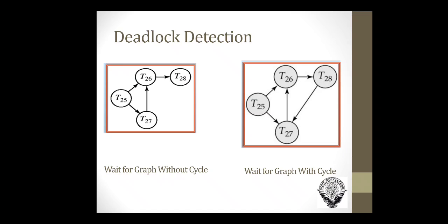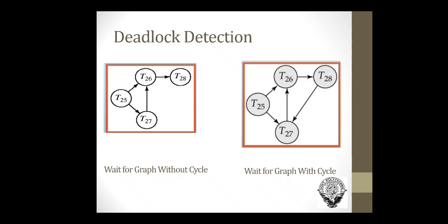Here T26 is waiting for T25 to release a data item, T28 is waiting for a data item which is held by T26, T26 is waiting for a data item to be released by T27, and T25 is waiting for a data item which is held by T27. But there is no cycle over here, so there is no deadlock in this particular database.